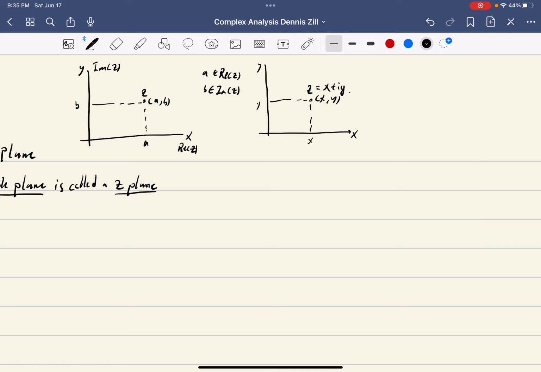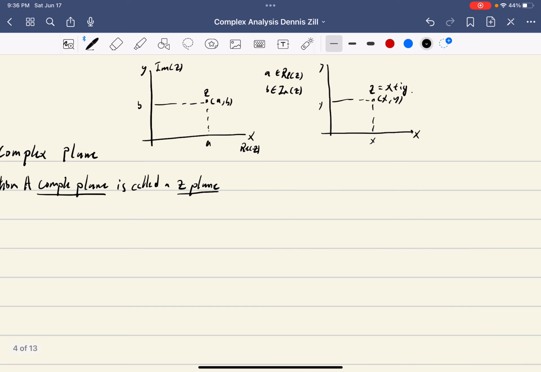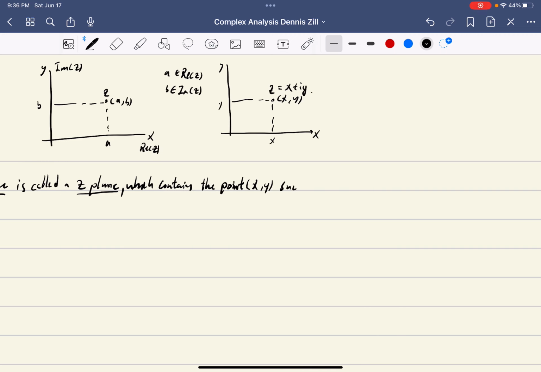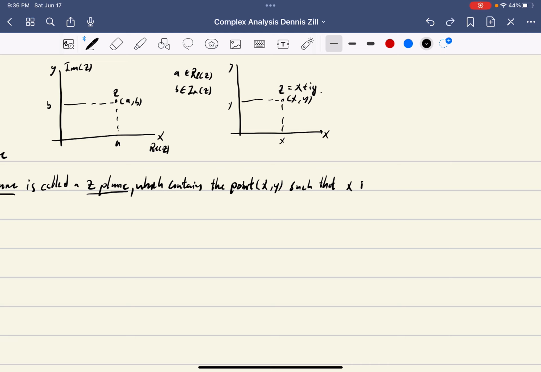And now we may define it as which contains the point (x, y), such that x is the real component, and y is the imaginary component, right?